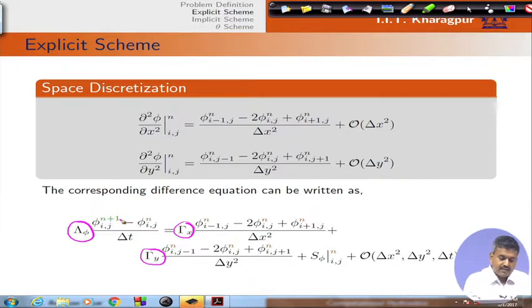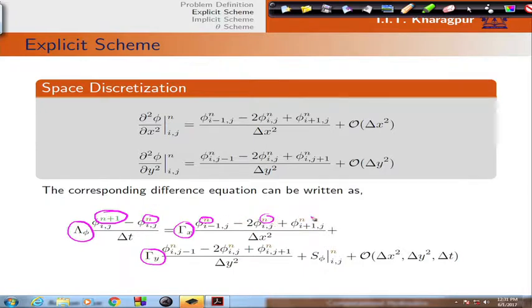Interestingly, in this case n plus 1 level value is unknown, and whatever value is available at the present time step, that are denoted with level n. So, we have only one term which is unknown. I have marked it with this cross, and for other terms values are known.